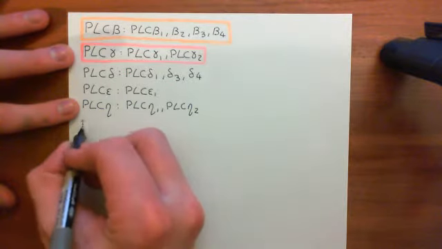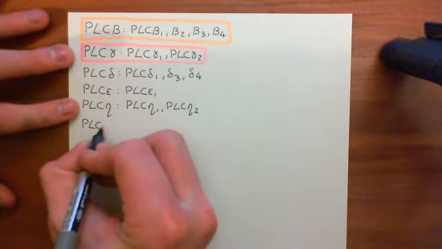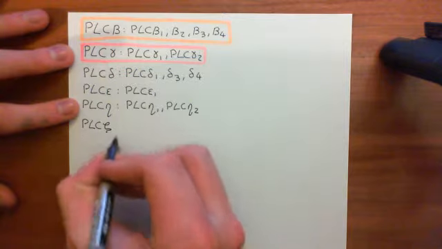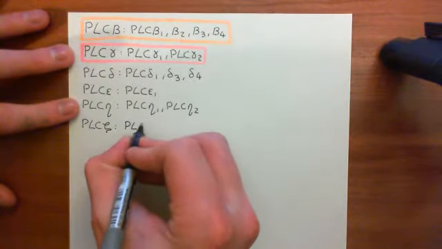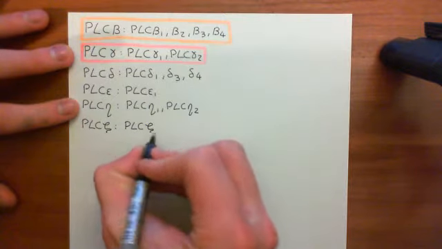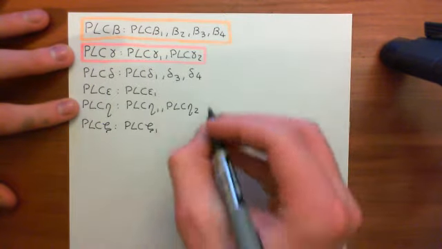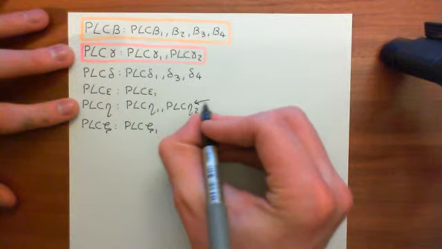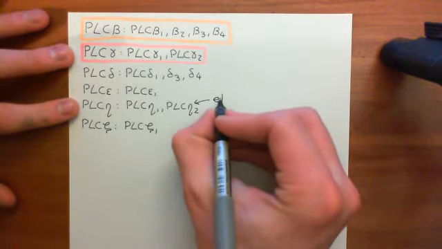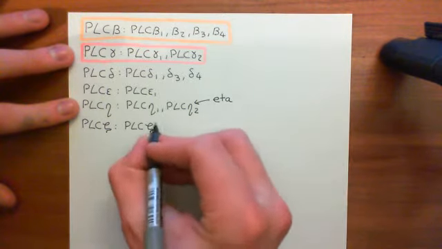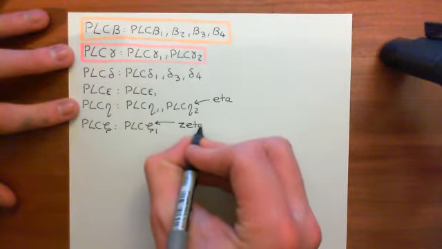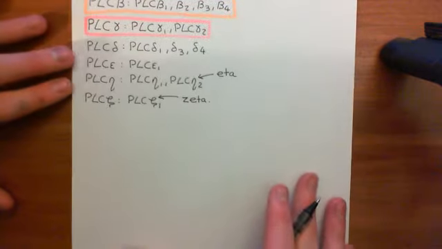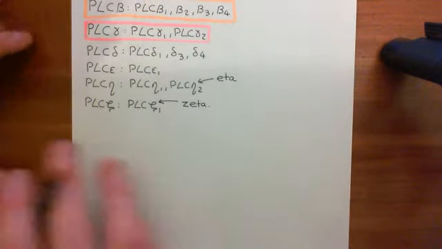And then finally, the final family is phospholipase C zeta, and there's only 1 member of the phospholipase C zeta family, which is phospholipase C zeta 1. Just in case your Greek alphabet is lacking, this is the Greek letter eta, and this is the Greek letter zeta, so that you can go and look them up and practice drawing them.